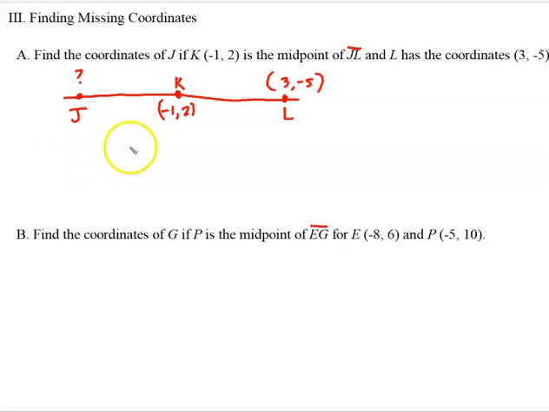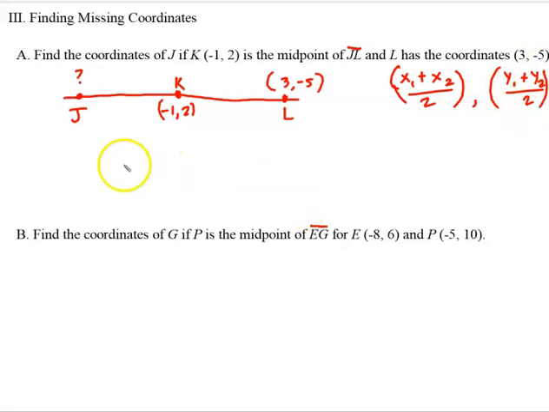So the formula to find the midpoint, again, I'll just write it up for you. We take the 2 x's, add them together, and divide by 2. And then we take the 2 y's from the 2 endpoints, add those together, and divide by 2. Well, for J, right now, we don't know what the coordinates are for J. That's what we're trying to find out.